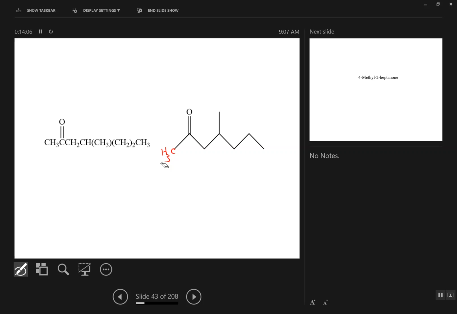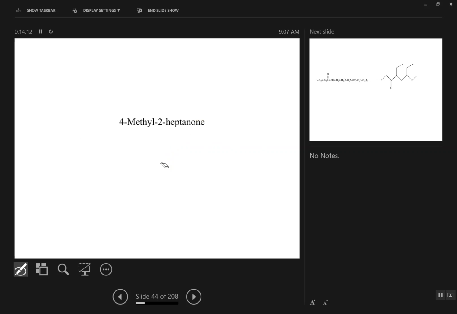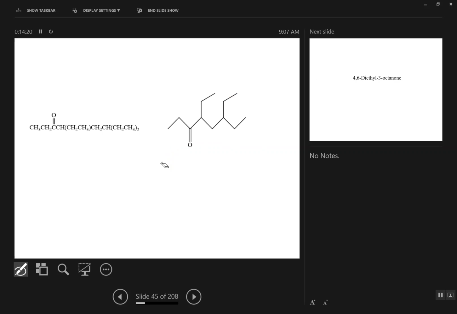Okay, so this is a 4-methyl-2-heptanone, right? One. No. How about this one?